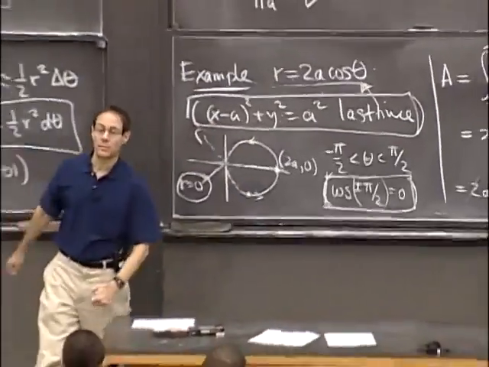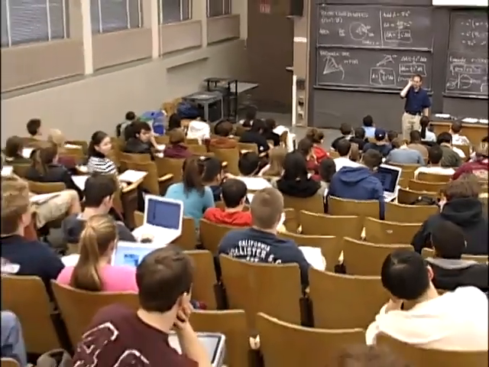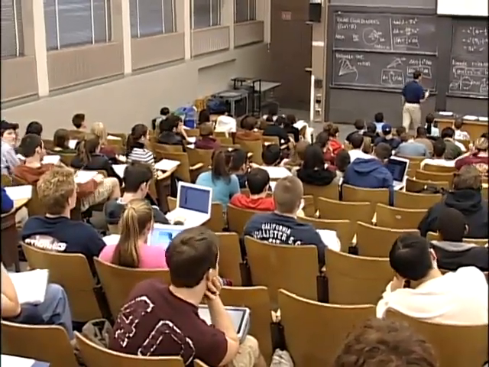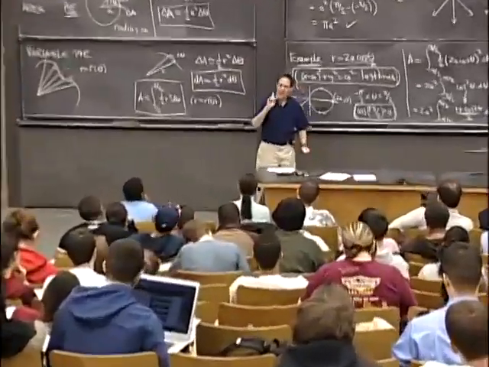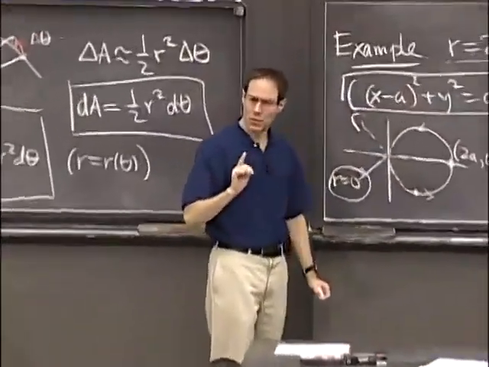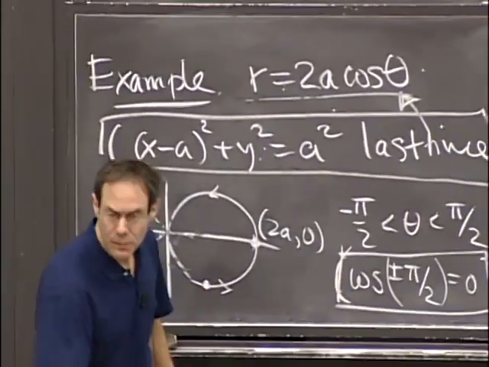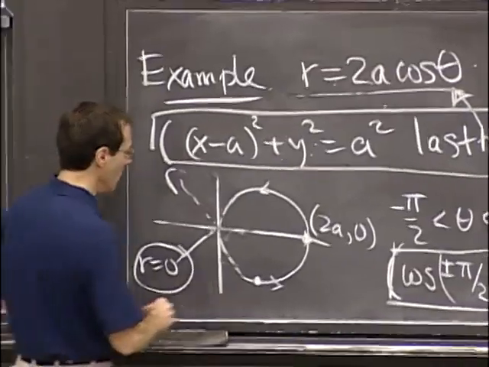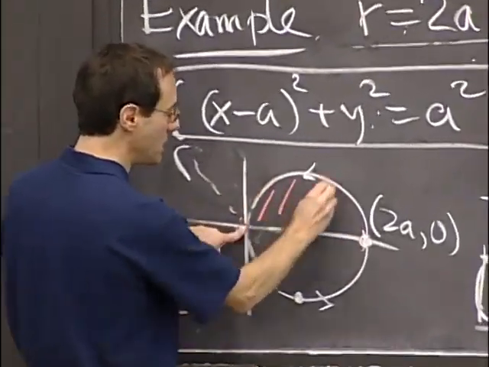Yeah, another question. Doesn't this equation also work if you just go from 0 to pi? Does the integration work if you just go from 0 to pi? The answer is yes. That's a very weird object, though. Let me just show you what that is. If you started from 0 to 2 pi, so I'll illustrate it on here. The first thing that you swept out between 0 and pi over 2 is this part here.